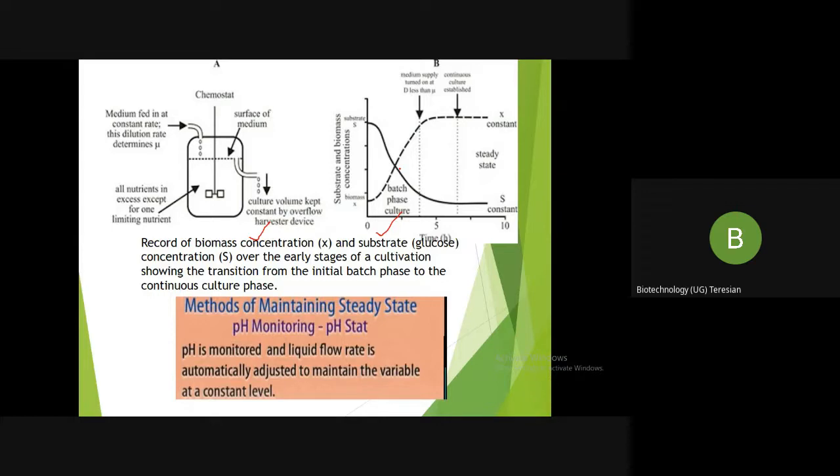So what is the importance here? The importance is the biomass concentration, that is the microorganisms, and even the substrate is important, because I'm adding fresh substrate, then this organism can consume this substrate and start dividing. So from batch phase, it is moving into a transition phase, which is the continuous culture phase.